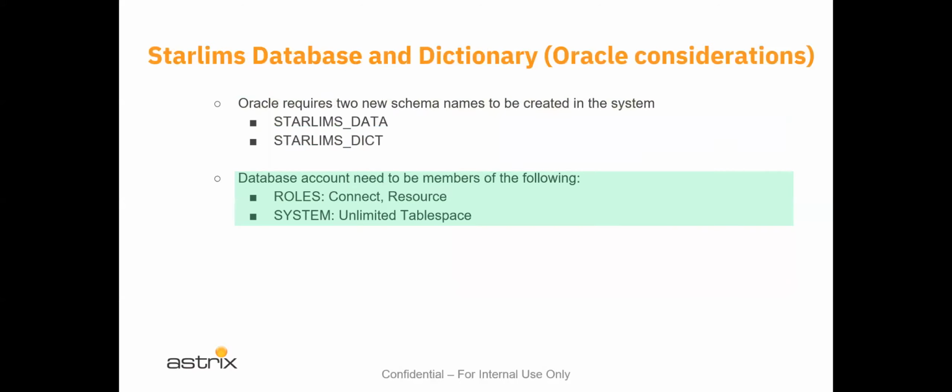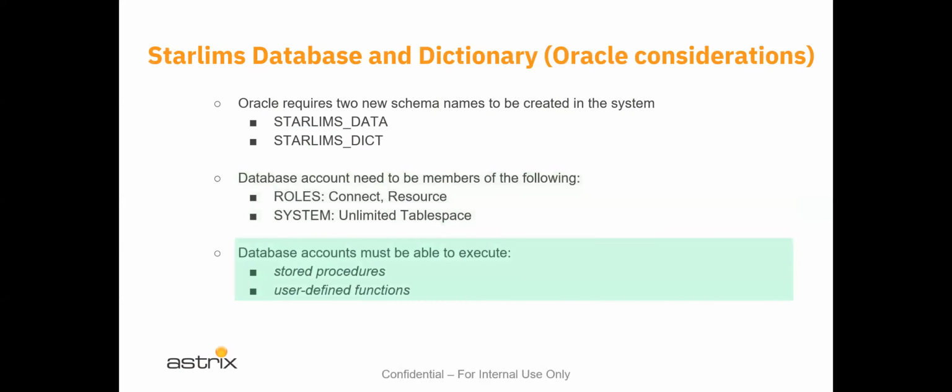So the database account needs to have members that associate with roles connecting to the database and connecting to tables and resources. And then the system also needs to be defined with an unlimited table space for STARLIMS. Database accounts must be able to execute stored procedures and user-defined functions.